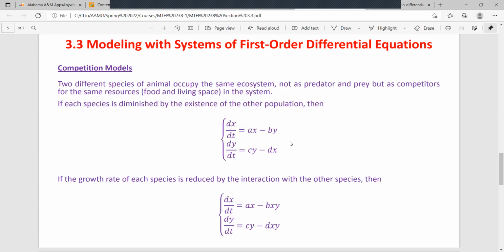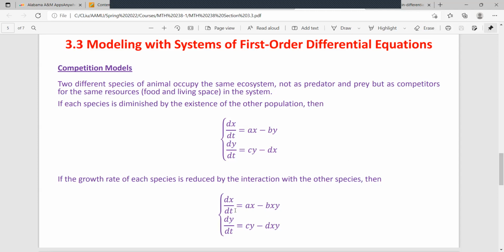All right. We already talked about the predator-prey model. If the growth rate of each species is reduced by the interaction with the other species, that's the predator-prey model.